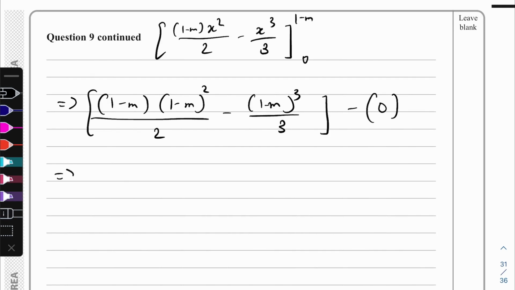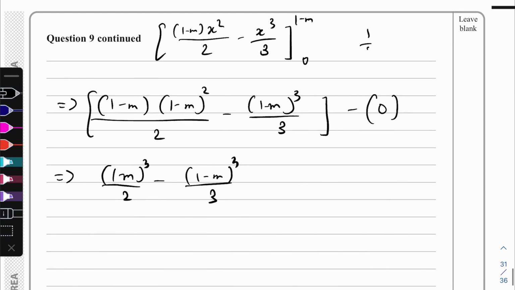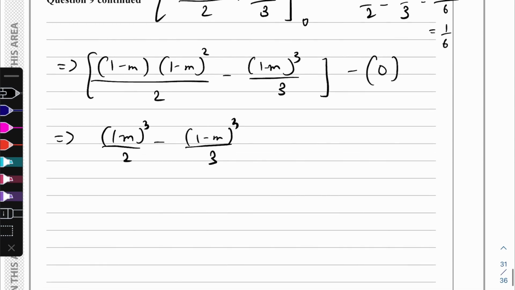So this equals (1 minus m) cubed over 2 minus (1 minus m) cubed over 3. If you treat it as 1 over 2, take away 1 over 3, you get 3 minus 2 over 6, which is 1 over 6. So this will be (1 minus m) cubed over 6.